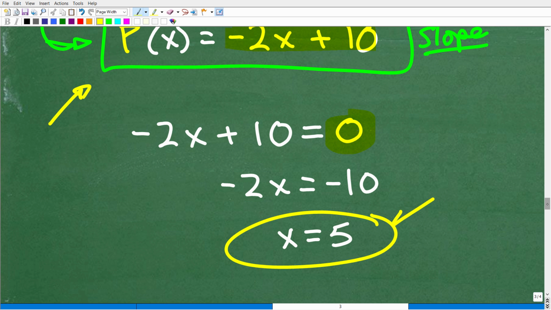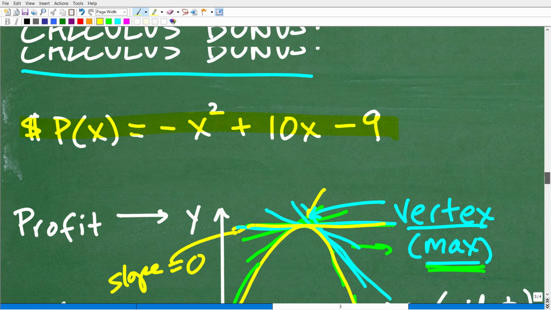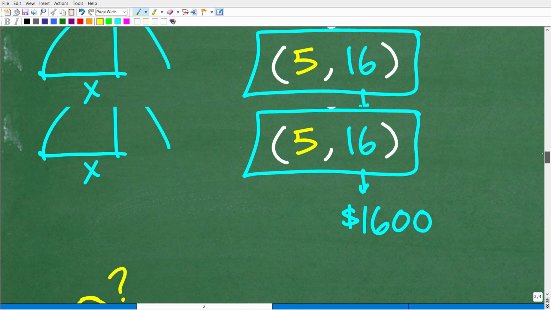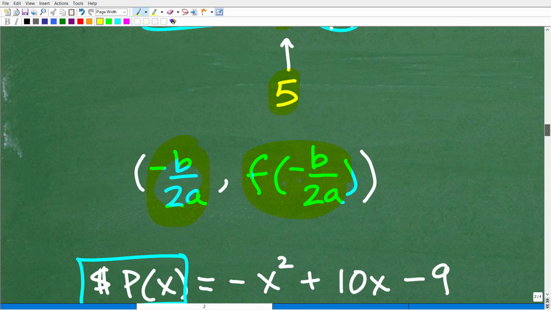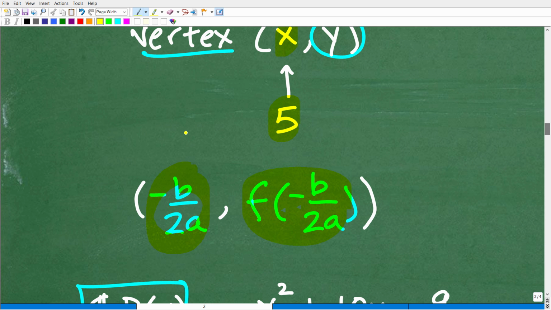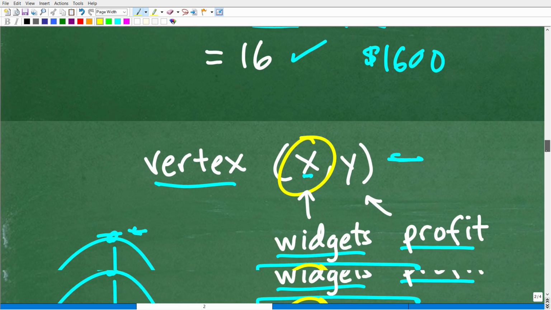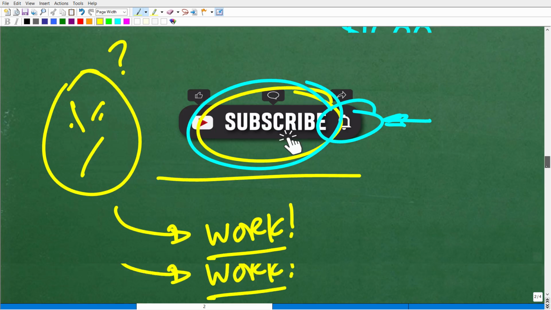Boy, doesn't that look familiar? Let's go all the way back over here and recall that x was 5. That was our first value that we calculated here with minus b over 2a. But I had to go through all that minus b over 2a business to figure that out.